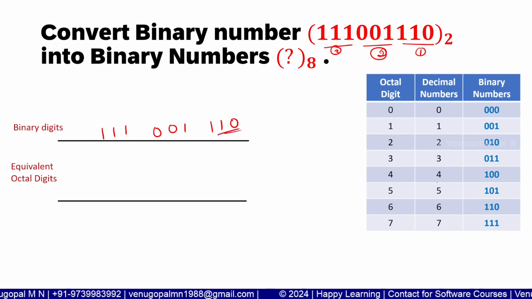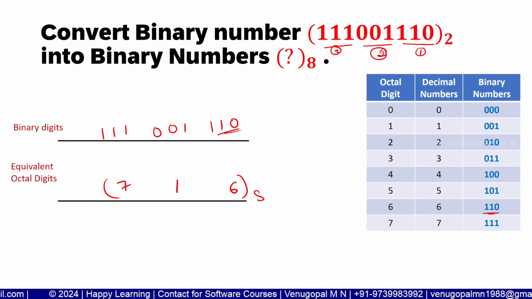If you refer to this table, 110 is 6, 001 is 1, and 111 is 7. 716 is the octal equivalent of this binary number. Got it? Very, very simple, guys.